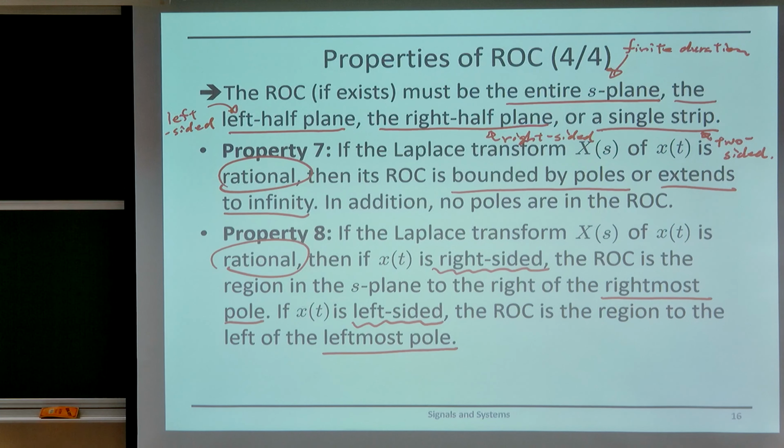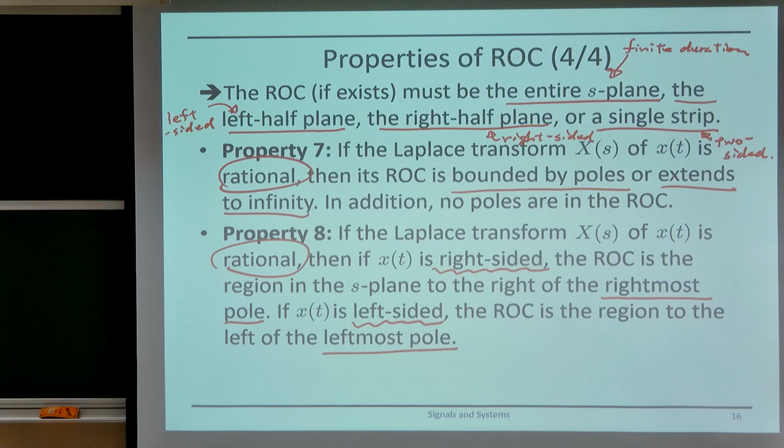So knowing these properties allows you to characterize what the signal may look like by just observing its poles and zeros and the region of convergence on the S-plane, okay?